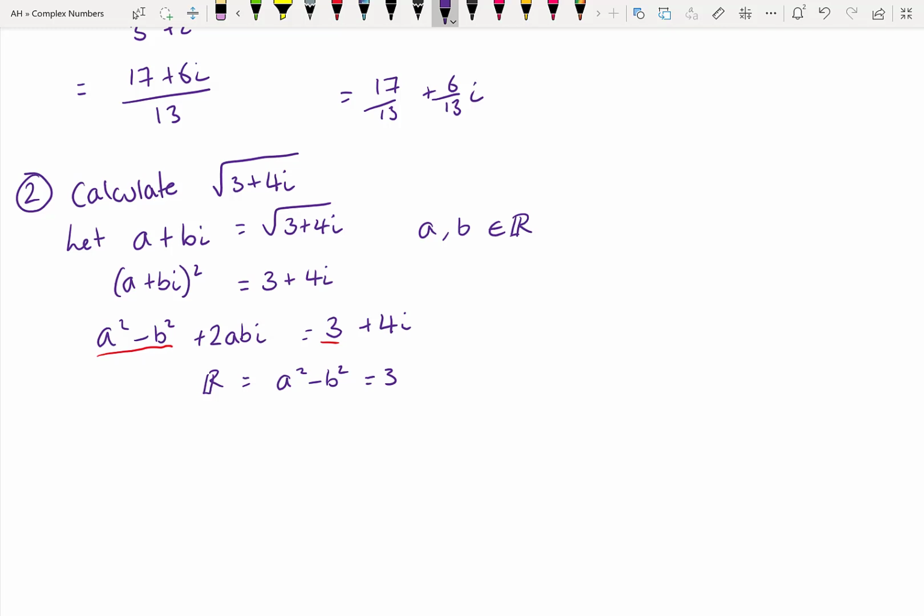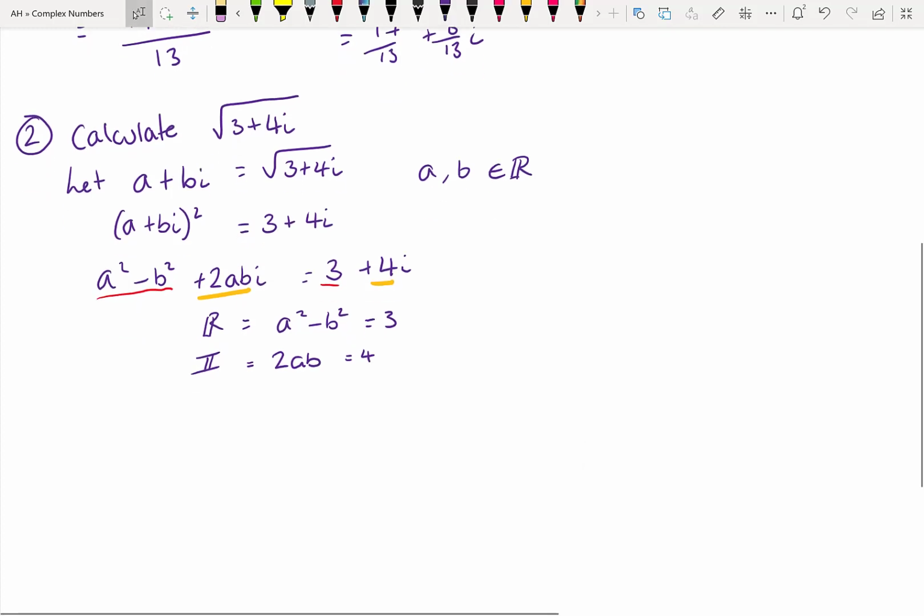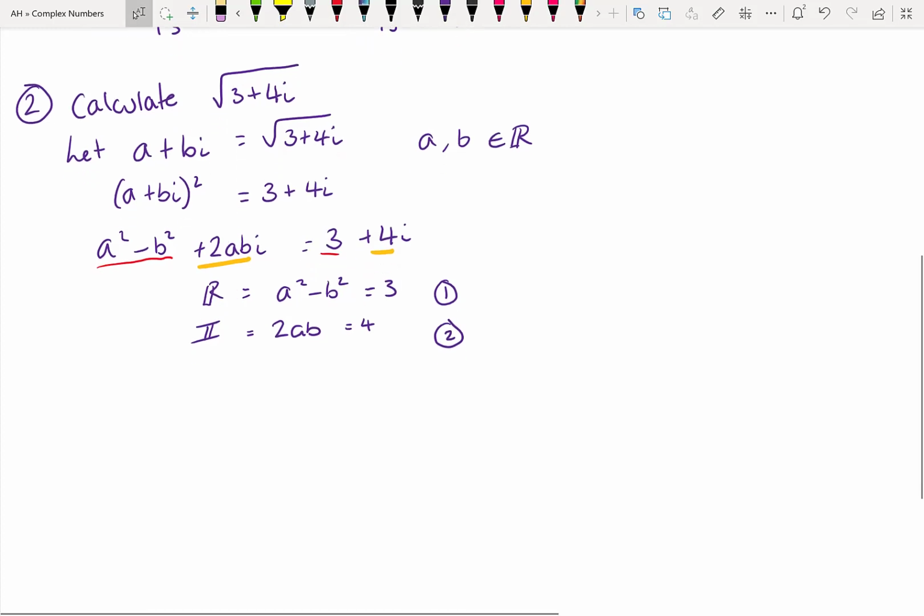And a different colour, let's go for a yellowy one. I've got my imaginary parts here. 2ab needs to be equal to 4 on the other side. And so then I've got my imaginary parts, 2ab is equal to 4. That gives me equation 1, equation 2.